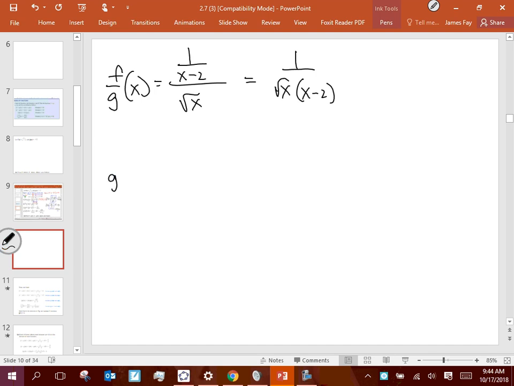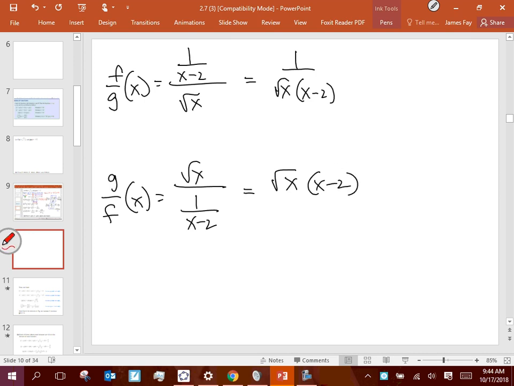And we had g divided by f of x, and that would have been root x over 1 over x minus 2. We simplified that, and it gave us root x times x minus 2. Okay? When I want to find these domains, remember the domain A intersects B, I'll write this down at the bottom, A intersects B was 0 to 2 union 2 to infinity, right?